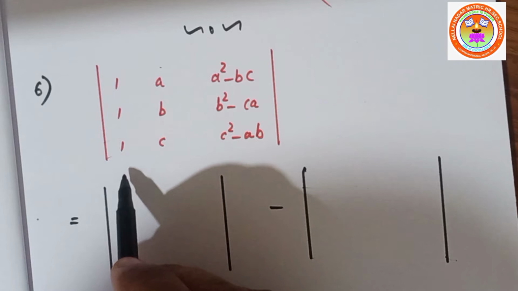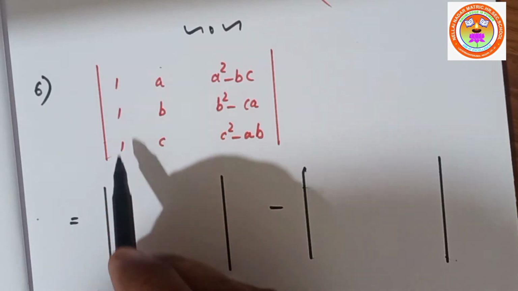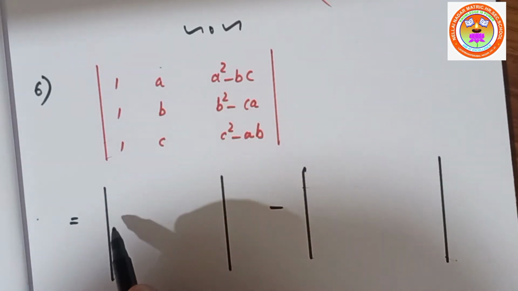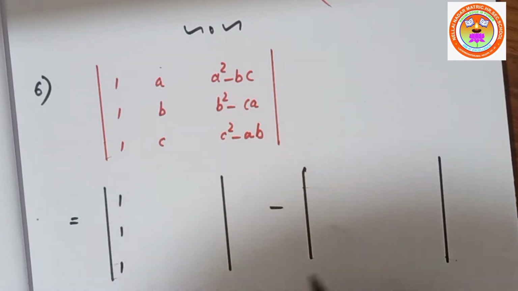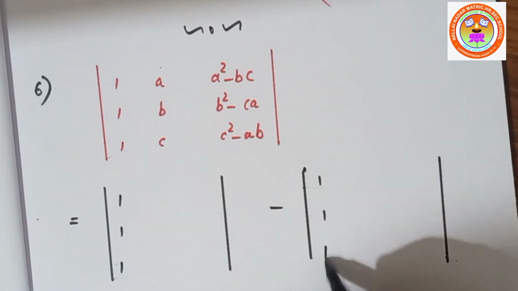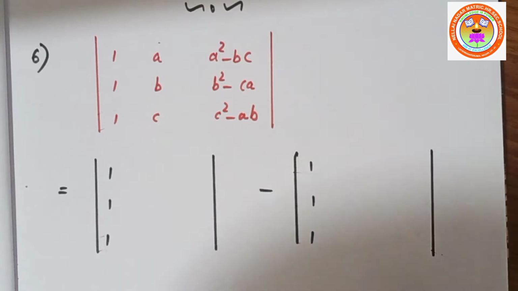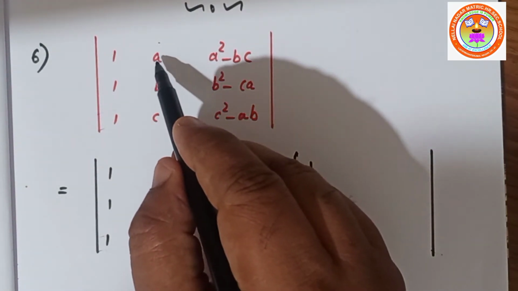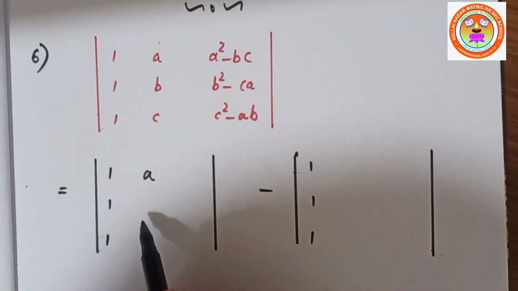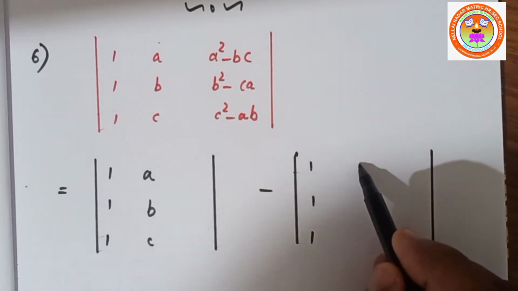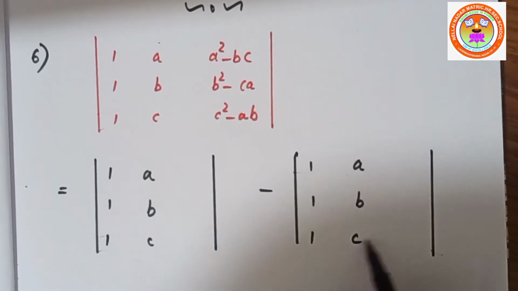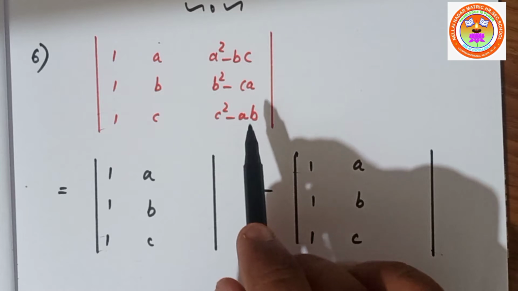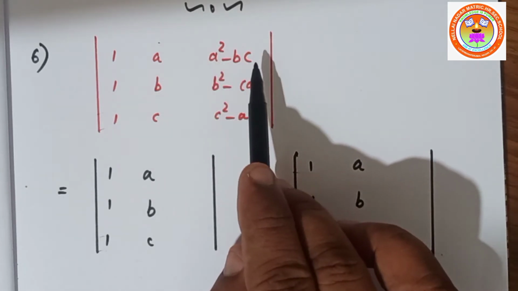Here 1 1 1, so only one element in the first column, write 1 1 1. Here also write 1 1 1. Next, here also only one element A, B and C, so write A, B, C. Here also write A, B, C. But look at the third column, it has two terms each, correct?